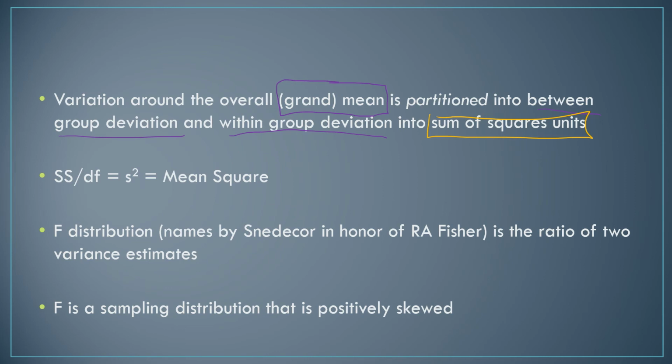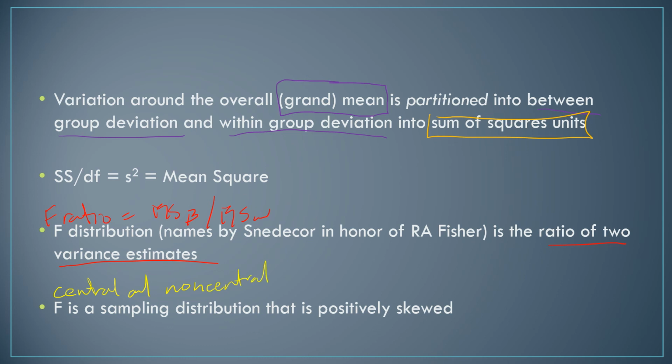So this here is the F ratio, which is the mean square between divided by the mean square within. And this is what is getting you this F distribution, and this is again the non-central F distribution, which is this ratio of two variance estimates, which are these mean squared values. And the central and non-central F distributions are always positively skewed.